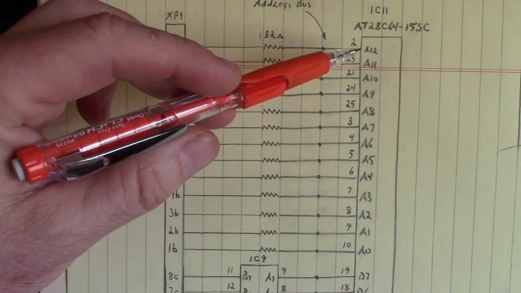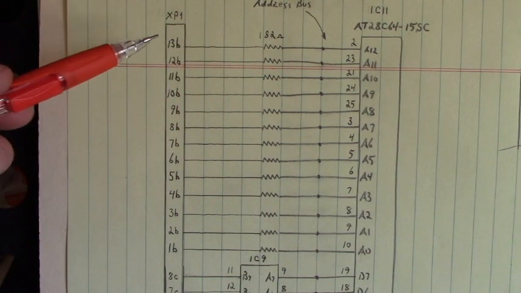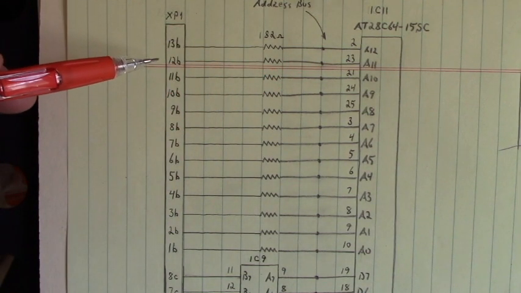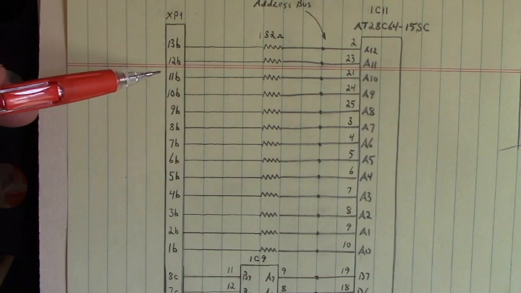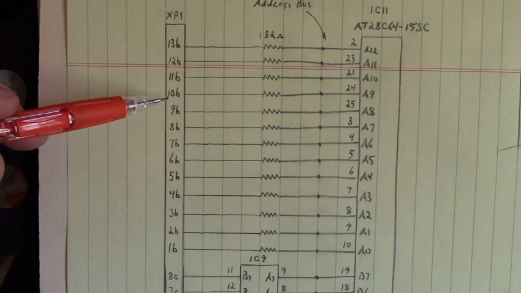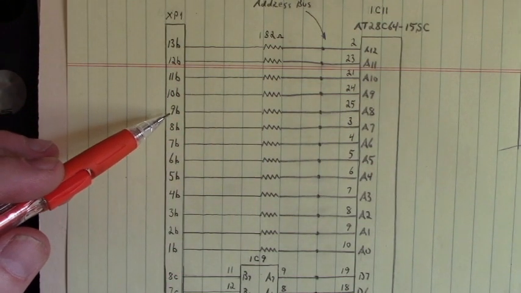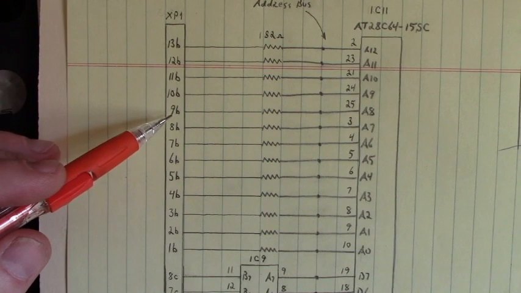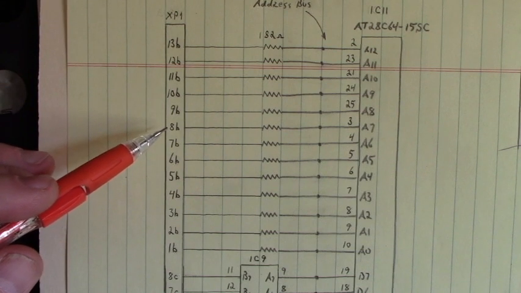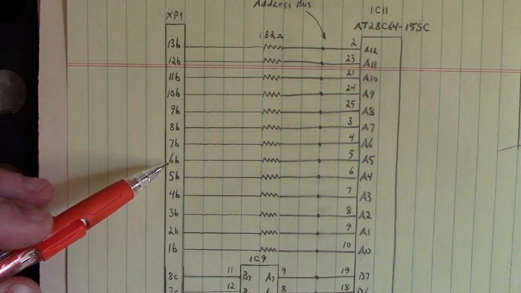Now over here, address 12 connects to 13B. Address 11 on 12B. Address 10 is on 11B. And address, where are we at? Address 9 is on 10B. Address 8 is on 9B. Address 7, 8B. Address 6 is on 7B.